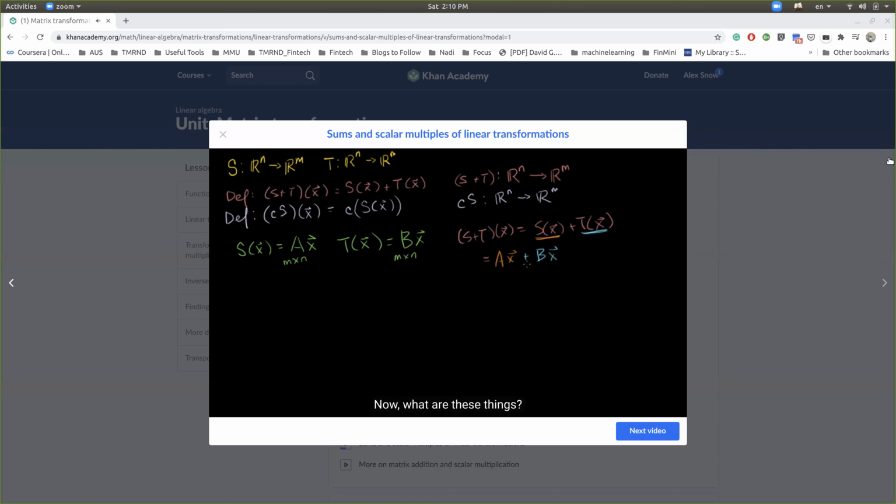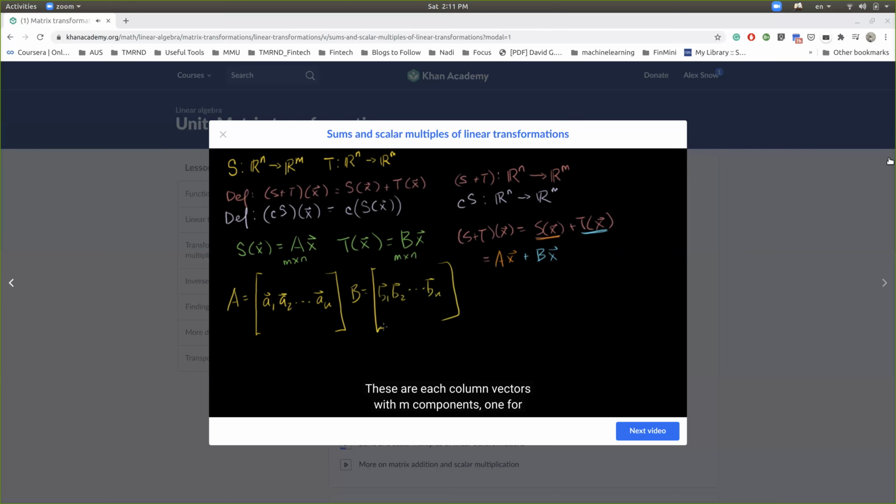Now what are these things? Let me write our two matrices in a form that you're probably familiar with right now. Let's say the matrix A is just a bunch of column vectors, A1, A2, all the way to An. And similarly, the matrix B is just a bunch of column vectors, B1, B2, all the way to Bn.